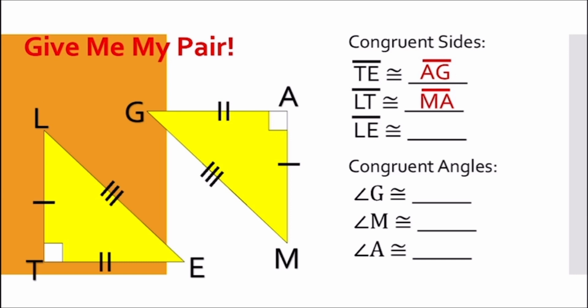Next, for the last congruent side, line segment LE is congruent to line segment MG or line segment GM. Let's proceed now to the congruent angles. Angle G is congruent to angle E. Angle M is congruent to angle L. And angle A is congruent to angle T.